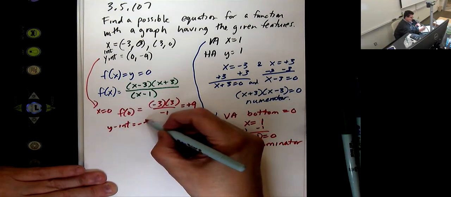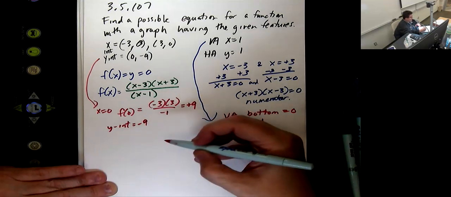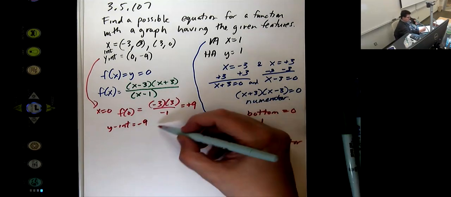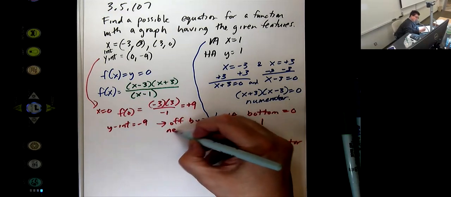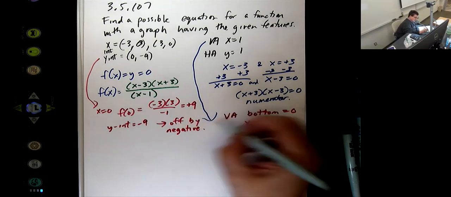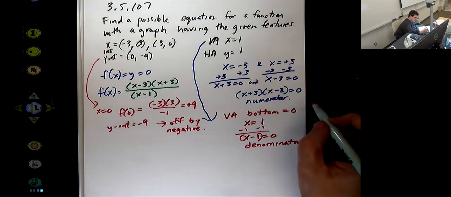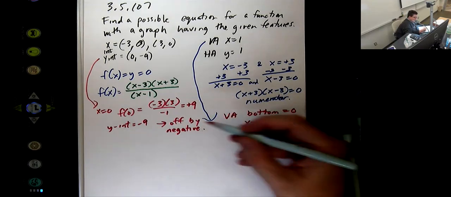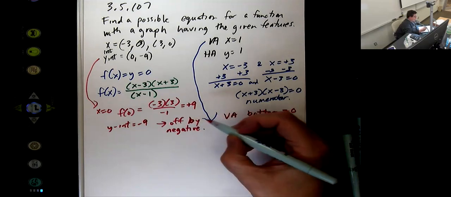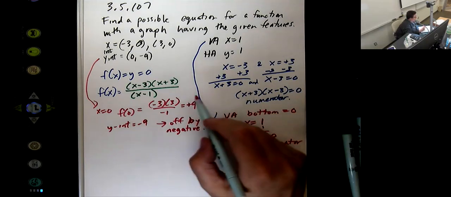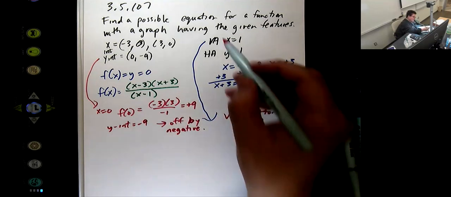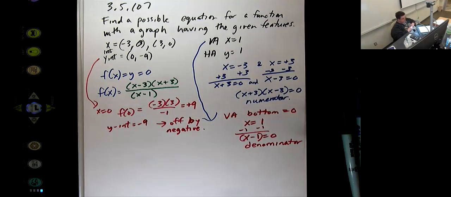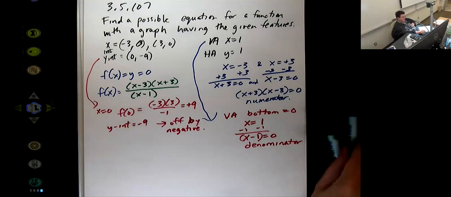Which means I'm off by a negative sign. So we need another way to introduce a negative sign. Now, it might just be put a negative out front. But there's one more piece of information we haven't looked at. We haven't looked at the horizontal asymptote either.